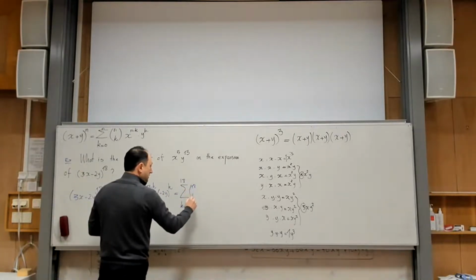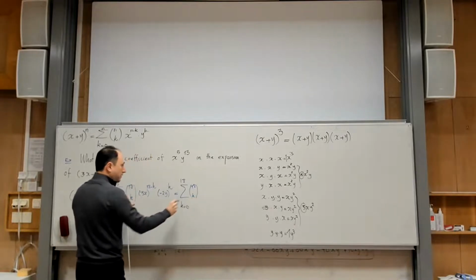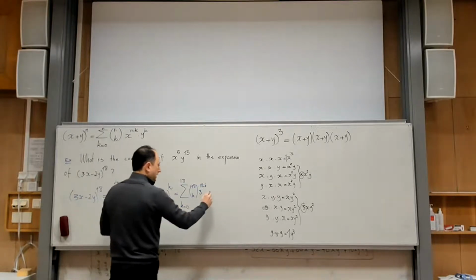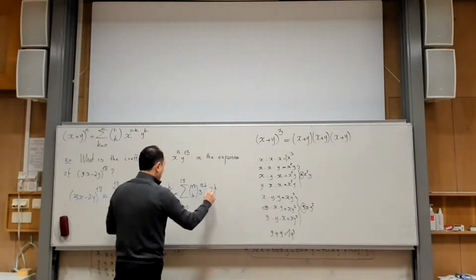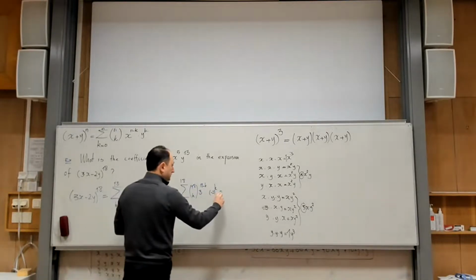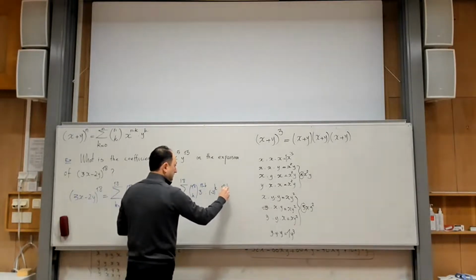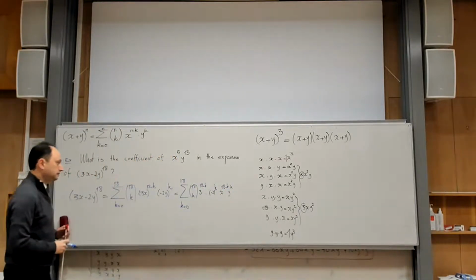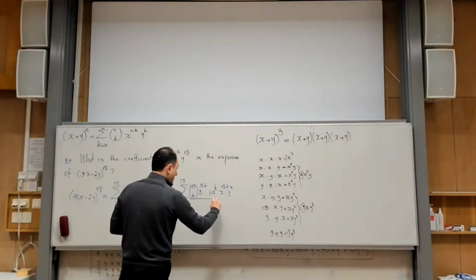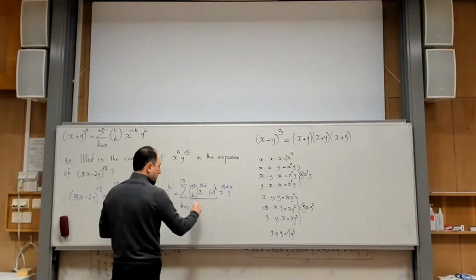It becomes 18 choose k, then 3^(18−k), then (−2)^k, and then x to this power, y to that power.